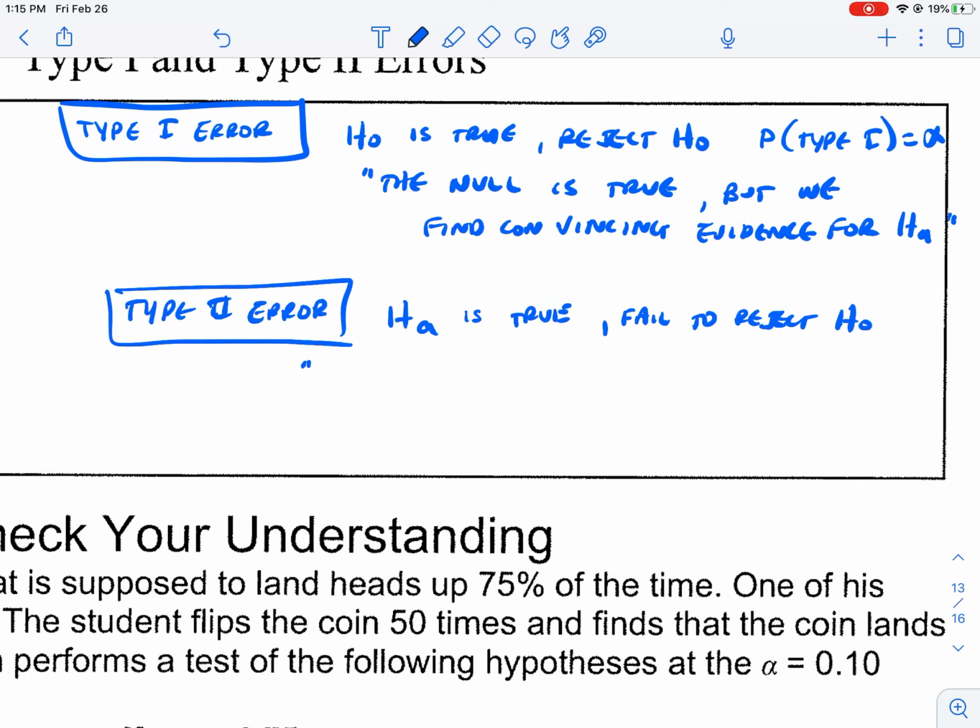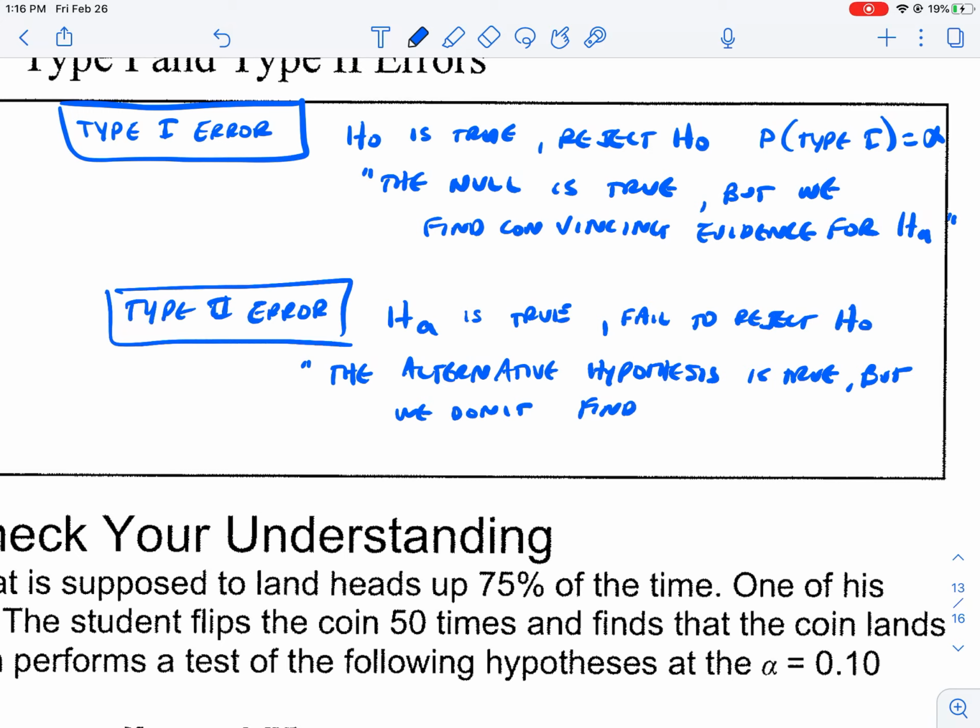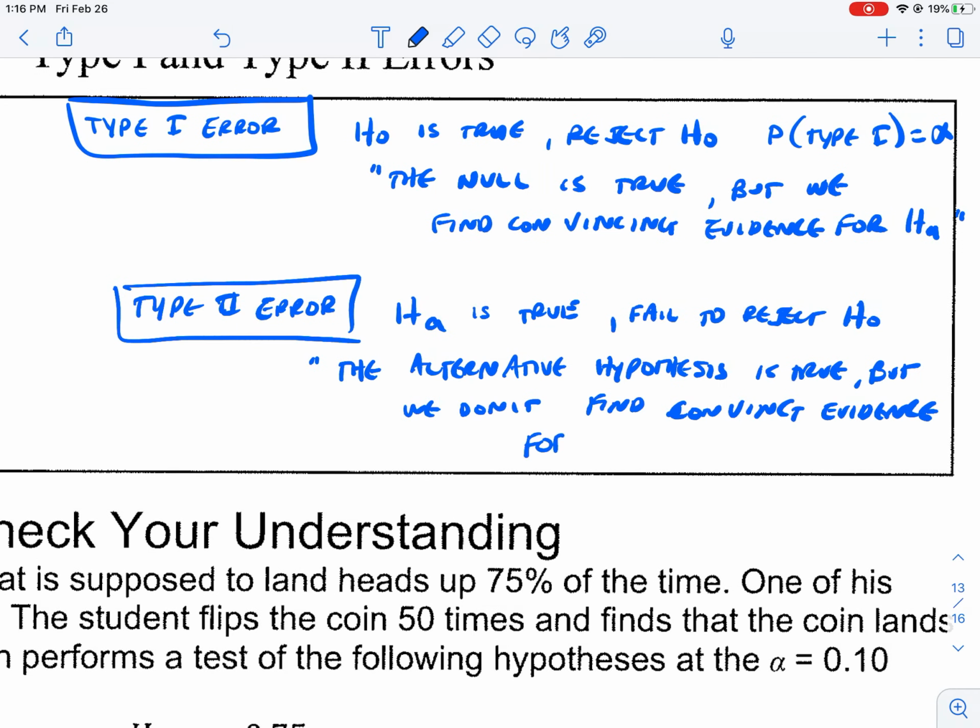So the way that this would happen would be the alternative hypothesis is true, but we don't find convincing evidence for it. So the alternative is true, but we fail to find convincing evidence for it.